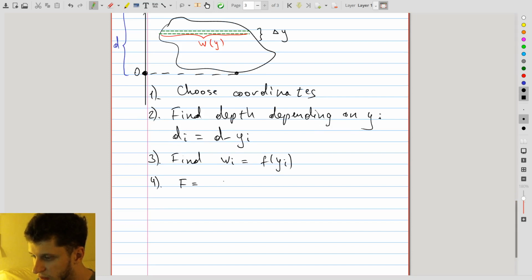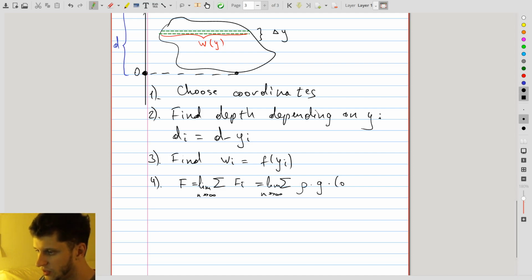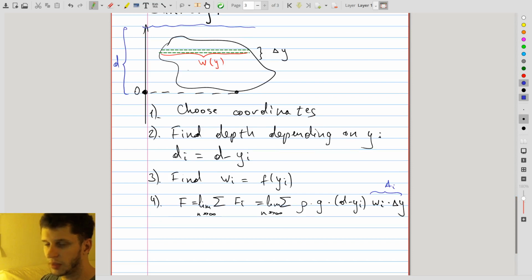So F is equal to the sum of F_i's, which is equal to the sum of rho times g times d_i, which we know is d minus y_i, times A_i, which again is w_i times delta y, because this guy here is precisely the area of this green strip we have shown here.